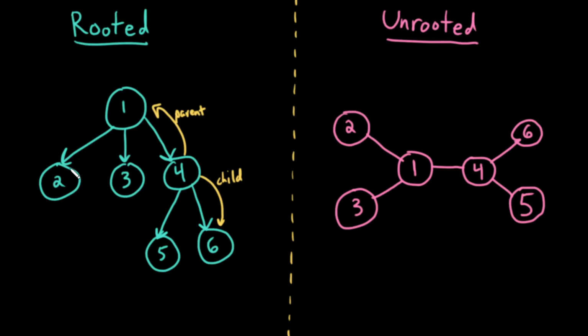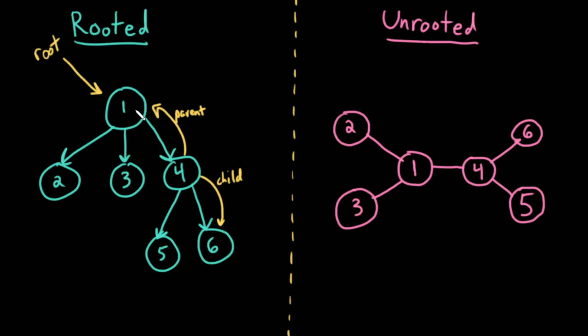So node 1 has 3 children. Node 4 has 2 children. Node 4's parent is node 1. Node 3's parent is node 1. Node 2's parent is node 1, etc. So any given node could have a parent or a child. One node in the tree will not have a parent. That is the root.